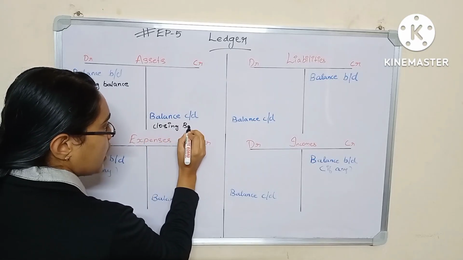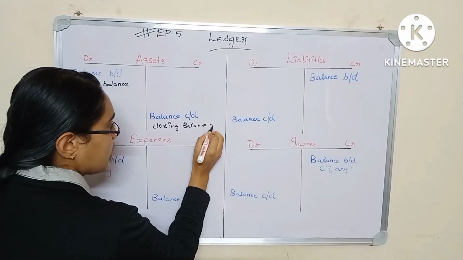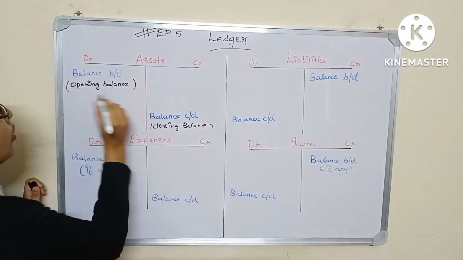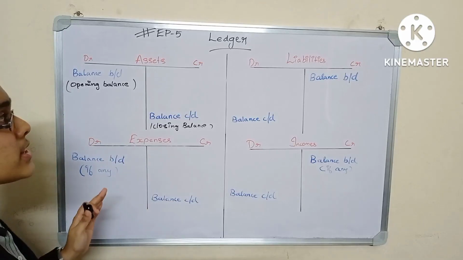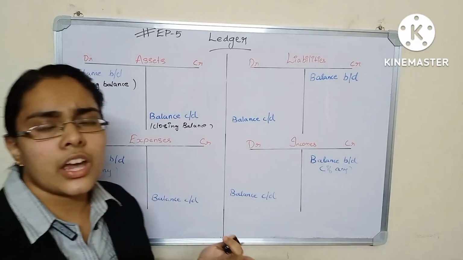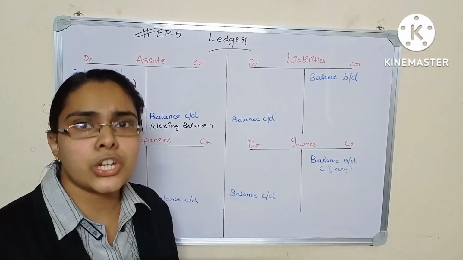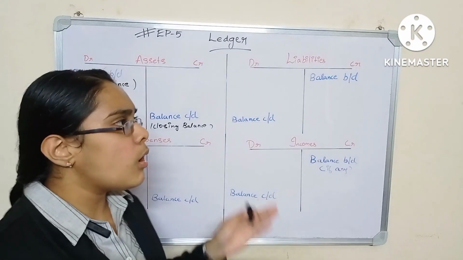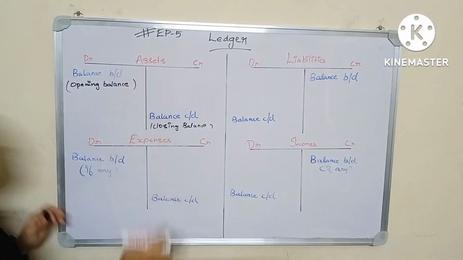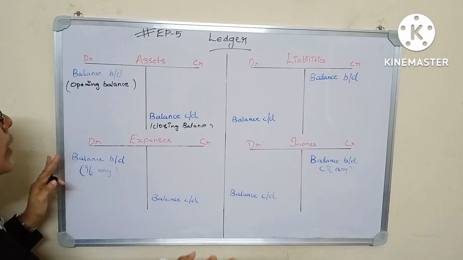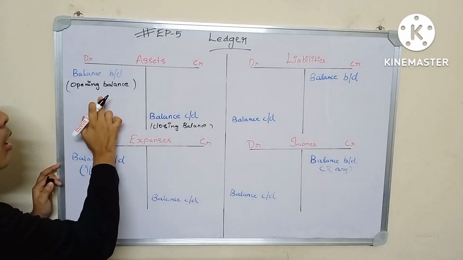For an assets account, you can call it any asset, like cash, plant and machinery, furniture, etc. All these come under the term asset. Assets will always have the opening balance on the debit side.